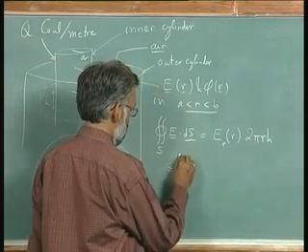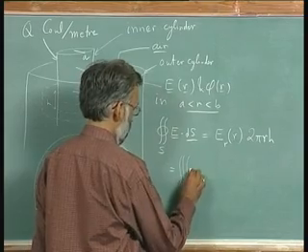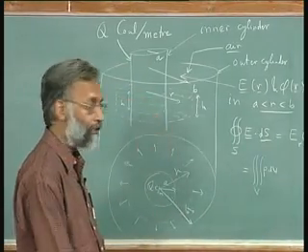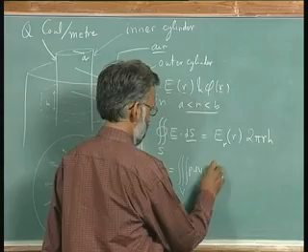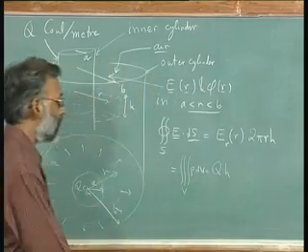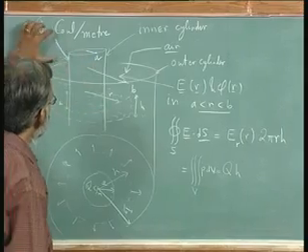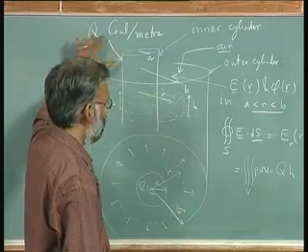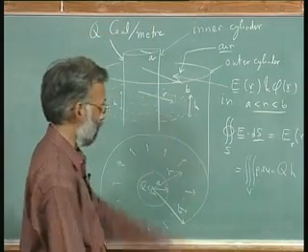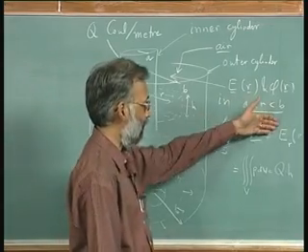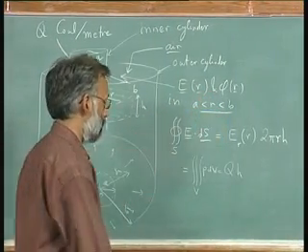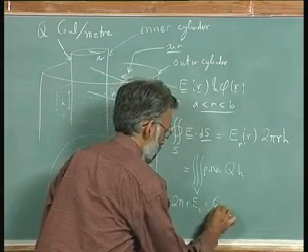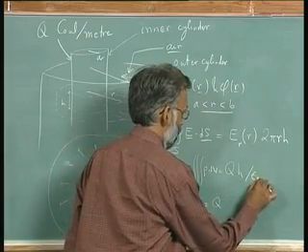It is equal to the volume integral rho dV, or in this case, since I am given q, it is equal to q times h. That is, it is q coulombs per meter, this is a height h, so it is qh coulombs inside the box. So, I now have a relation between electric field and charge, that is 2 pi r h E r is equal to, sorry, this is qh over epsilon naught.